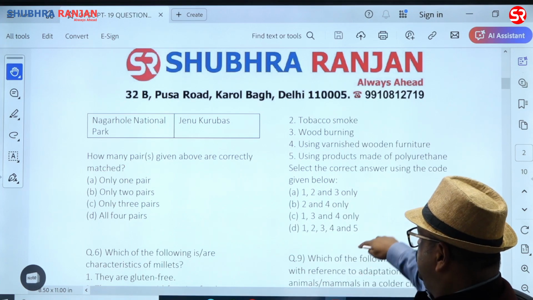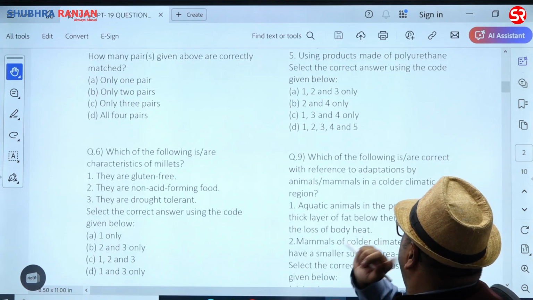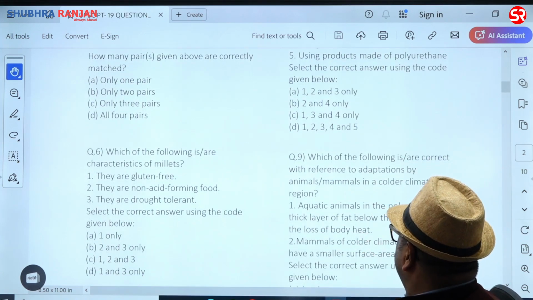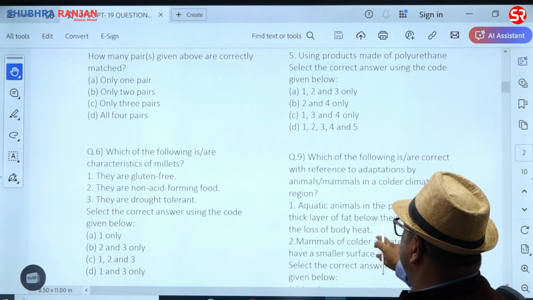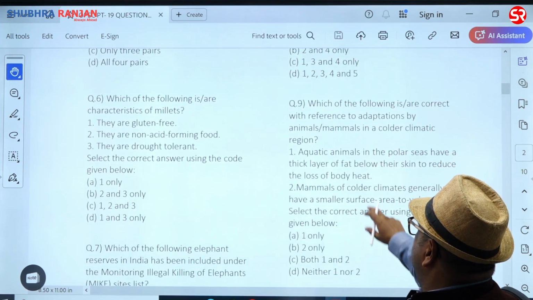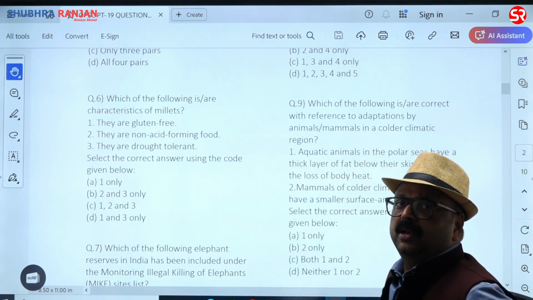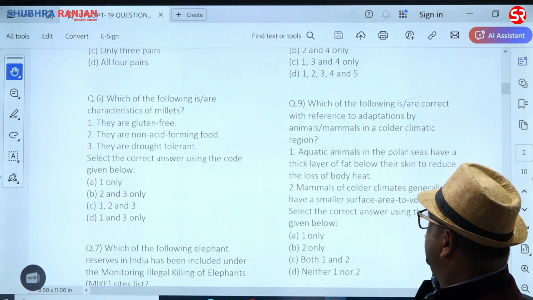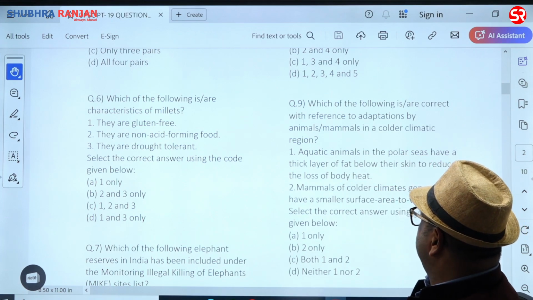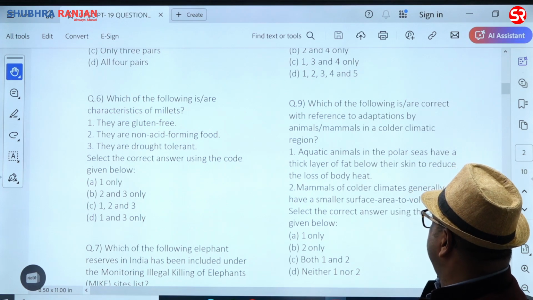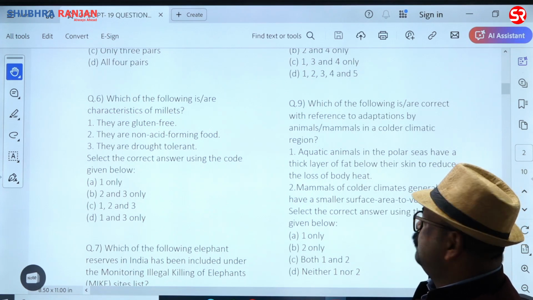Okay, question number 9. Which are correct with reference to the adaptation by mammals in colder climatic regions? So in cold climate, what kind of adaptation can you have in animals? Aquatic animals in the polar sea have a thick layer of fat below their skin to reduce the loss of body heat.